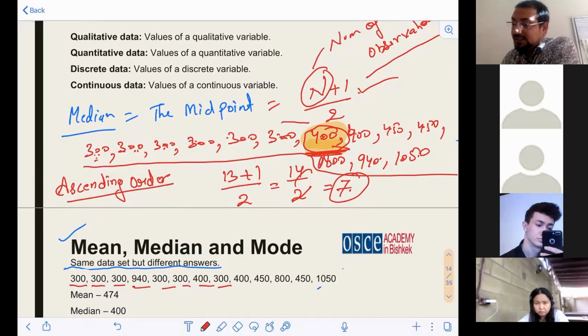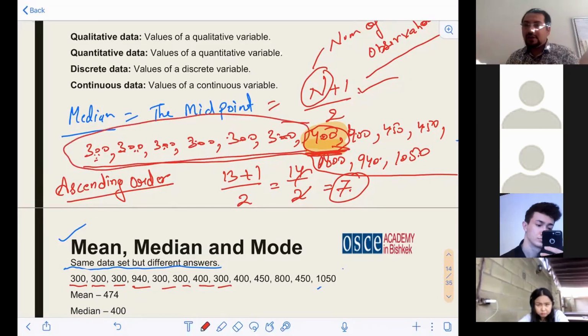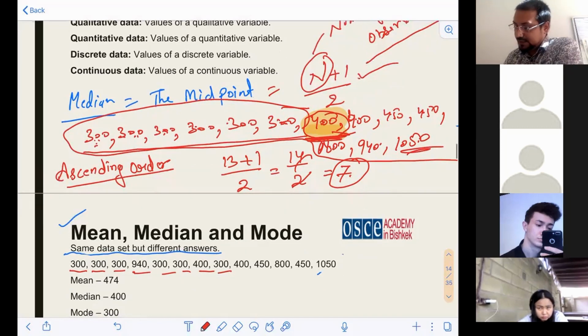So all these people who are on the right side of 400 are actually getting somewhere close to 300, between 300 to 400. And those who are falling at the left side are getting 400 to 1050. And the midpoint, but is it the average actually? Which one is accurate? That we have to discuss.